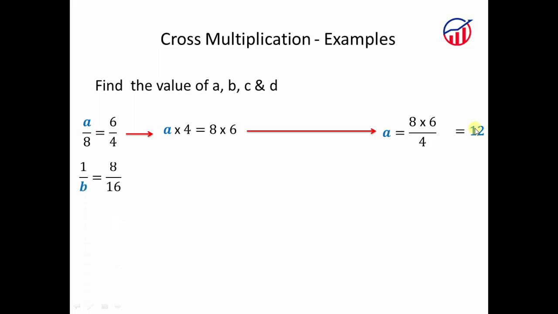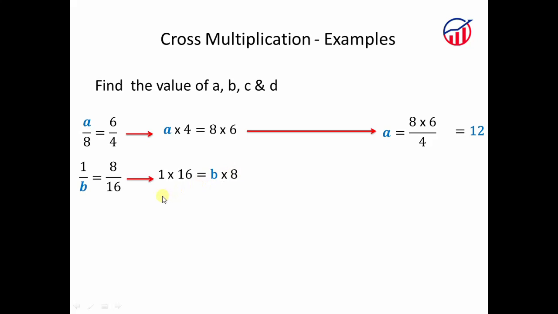Let's find B over here. So what is the equation? 1 upon B is equal to 8 upon 16. So what are you going to do? You're going to cross multiply. 1 into 16 is equal to B into 8. So what do you need to find now? B. So you're going to push 8 to the other side of the equation.